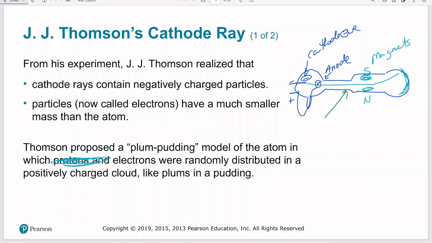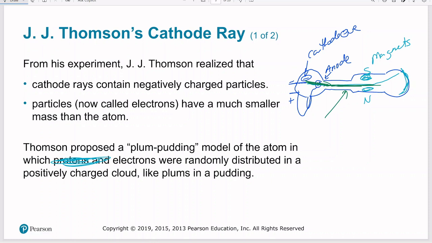The cathode began to emit what he called cathode rays, which was actually a beam of electrons. The cathode ray tube emitted this beam of electrons, and then he deflected this beam with magnets.